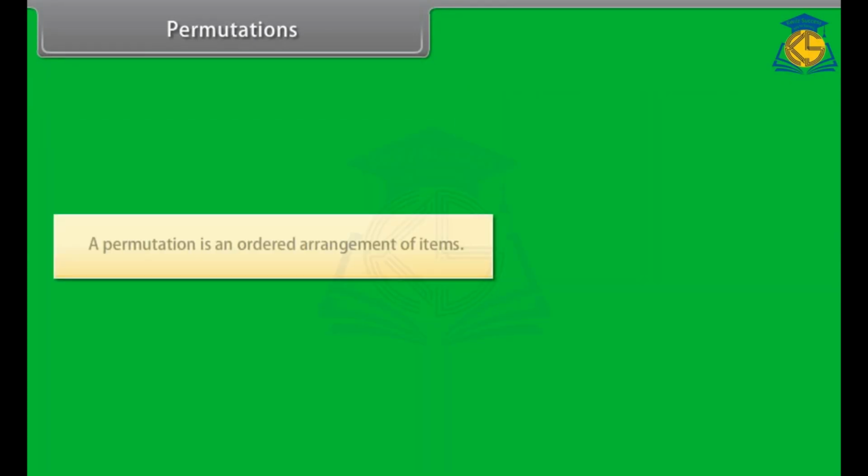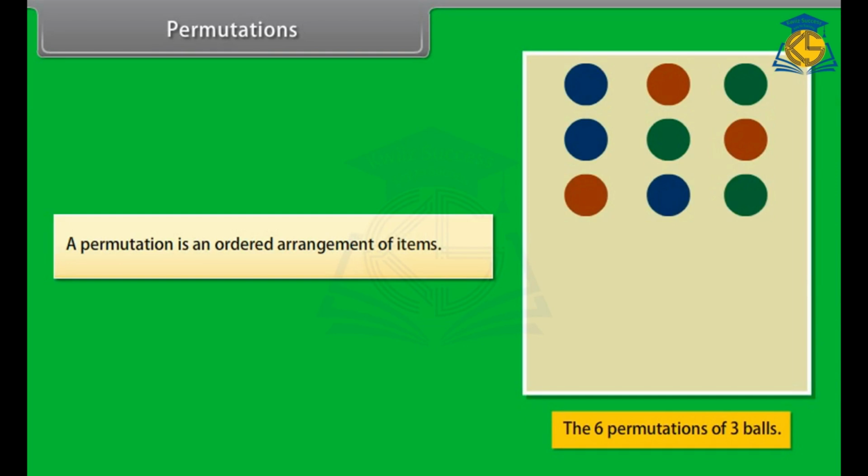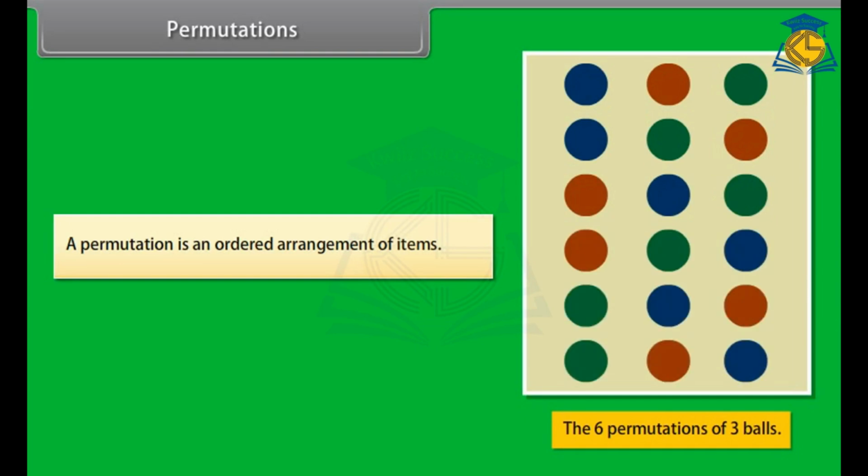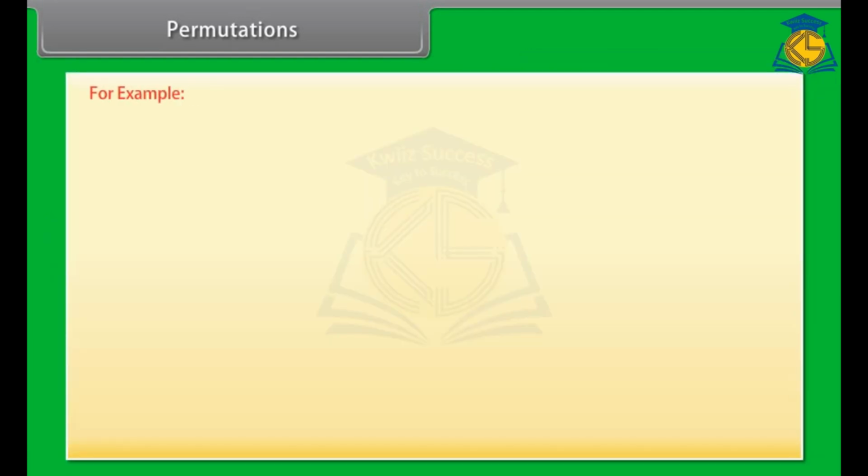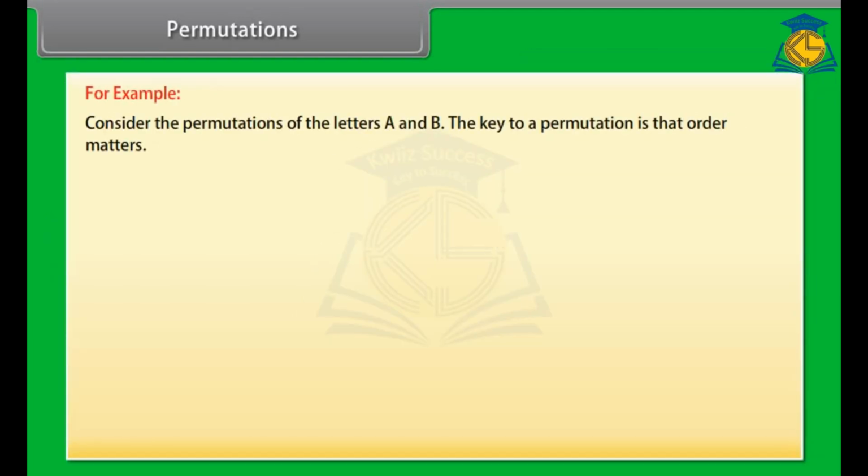Permutations. A permutation is an ordered arrangement of items. The concept shown below will clear your concepts. There are 3 balls which are arranged in ordered arrangement. For example, consider the permutations of the letters A and B. Just think about how many different ways you can arrange A and B. The key to a permutation is that order matters. 1.